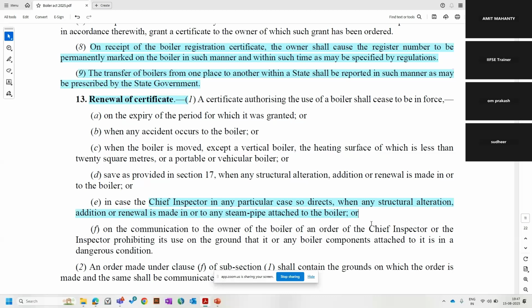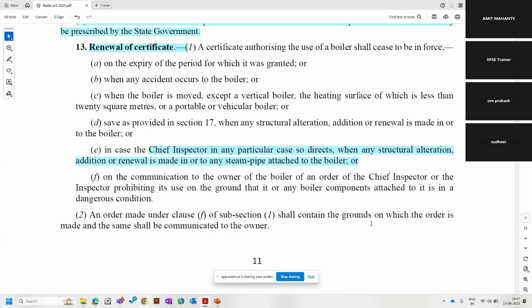not safe to operate, the license ceases. One is if the license expires, and second one is in the case of any accident happening with the boiler. And third one, the boiler is moved or shifted. And fourth one, in the case of any alterations.